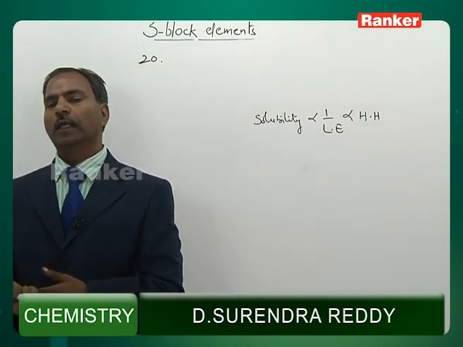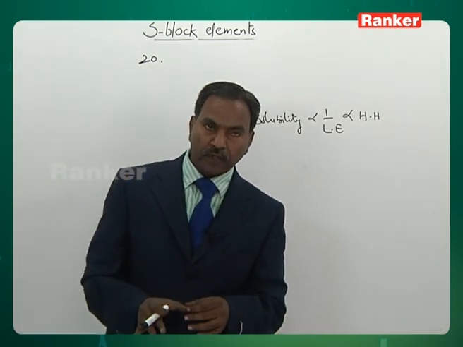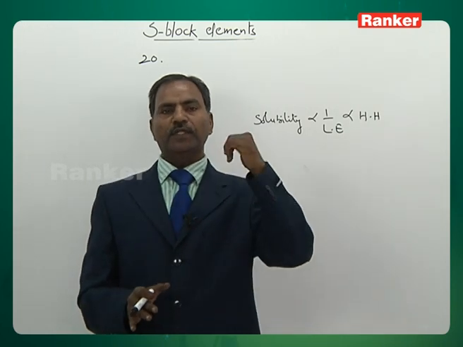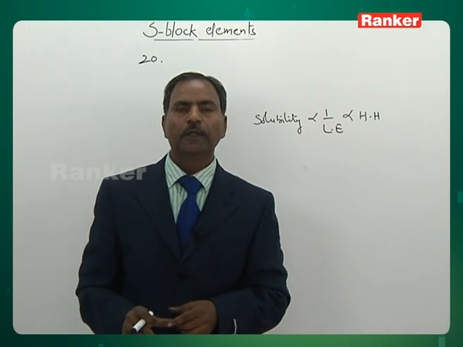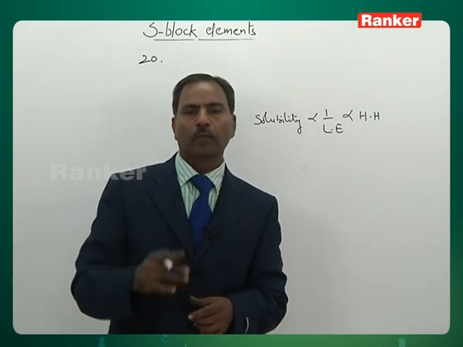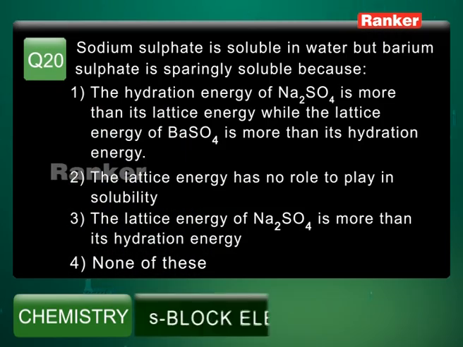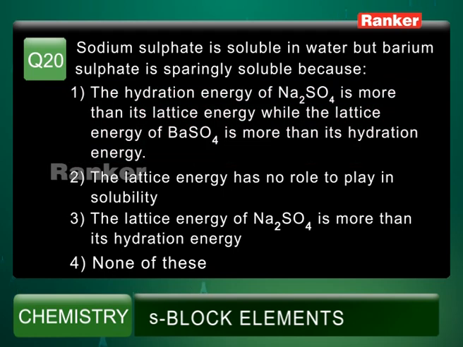What we can conclude is the heat of hydration of Na+ is more than that of Ba2+. When the heat of hydration dominates the lattice energy, that salt is soluble. Therefore, sodium sulfate is more soluble in comparison to barium sulfate. For this 20th question, the correct option is 1.